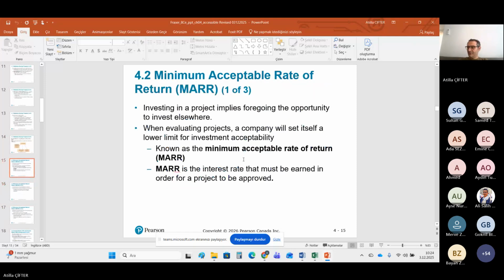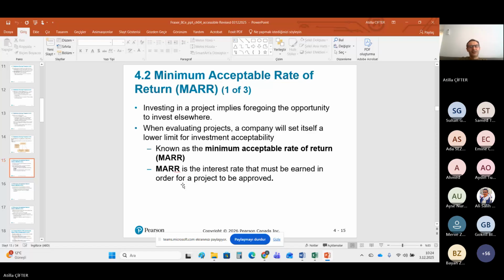So the question is how we can now evaluate these projects. The first tool is the minimum acceptable rate of return, MAR. Investing in a project implies foregoing the opportunity to invest in another one. So the minimum acceptable rate of return is the interest rate that must be earned in order for a project to be accepted.